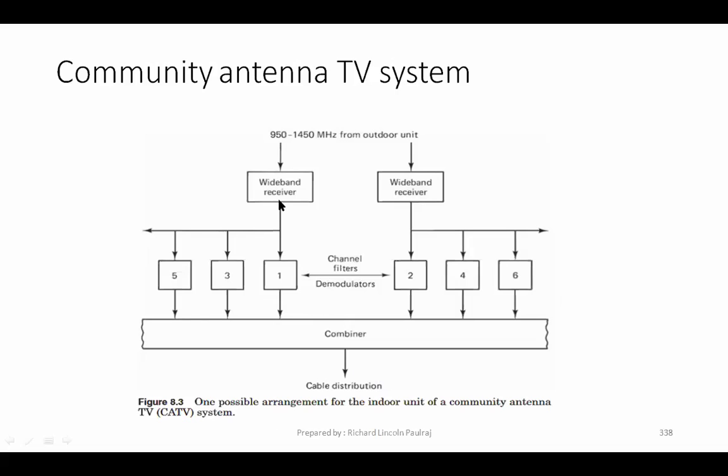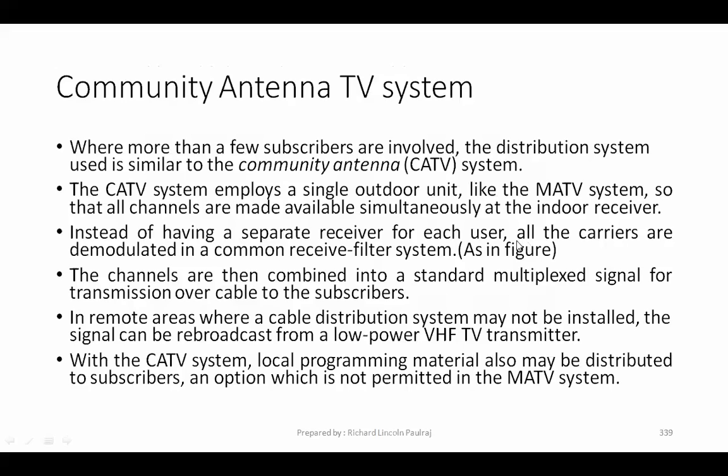The reason why we have a wideband receiver is because it can accept a wide range of frequencies, because we do not want to miss out on any of the frequency range mentioned here, which is about 950 to 1450 megahertz, where more than a few subscribers are involved.